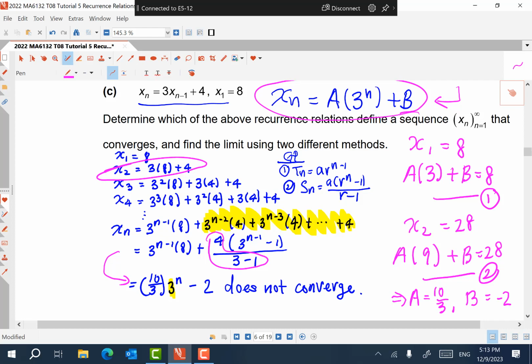In fact, if you are very clever to notice something, if the number in front of xn minus 1 is not very nice, like 3, it will always diverge. Because your answer will have a 3 power n, it will always explode.